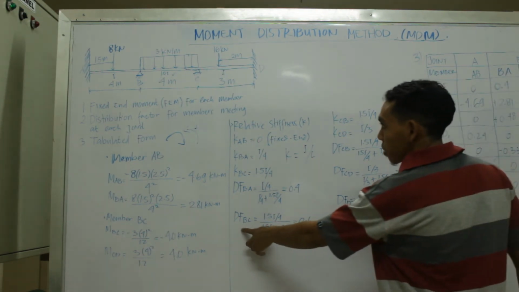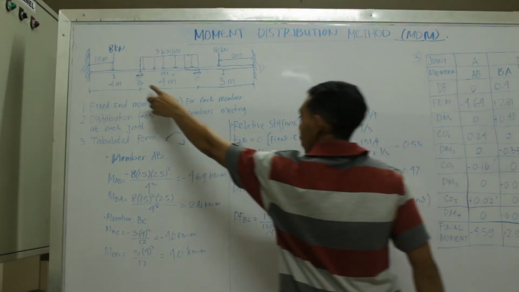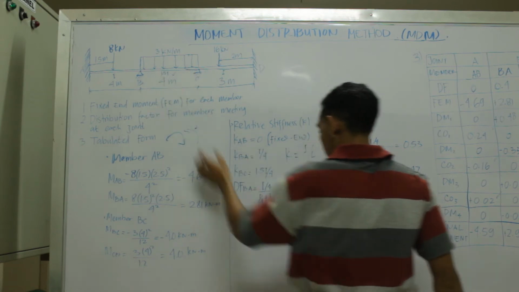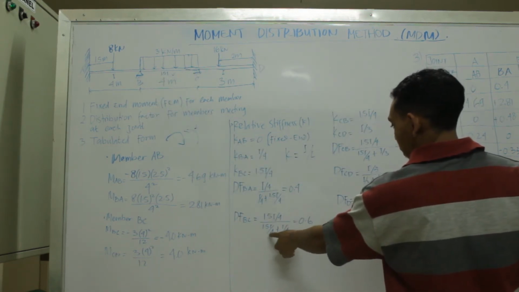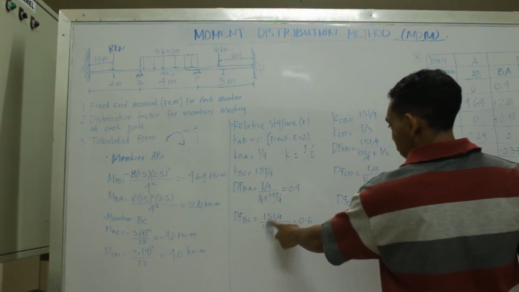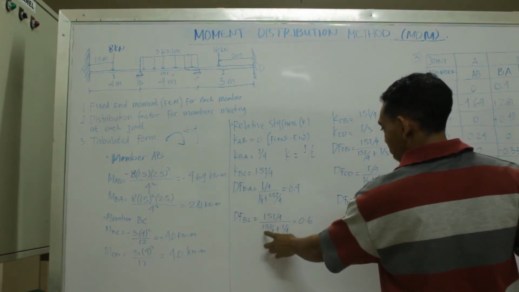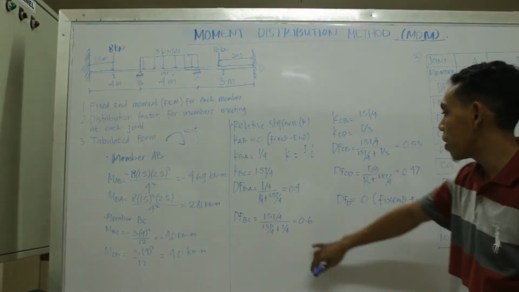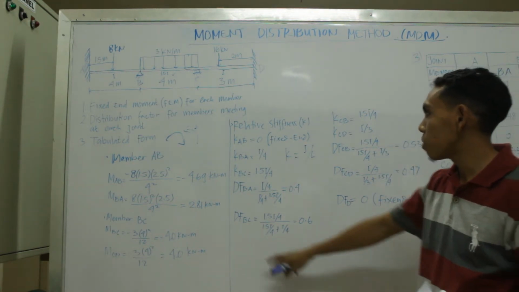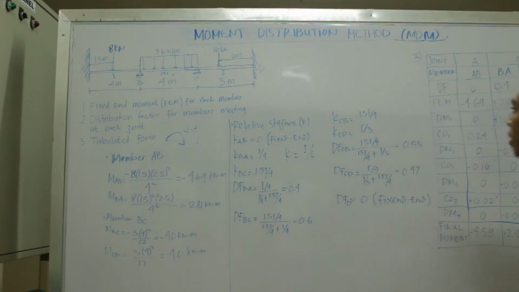The next one is the distribution factor for member BC: 1.5 I over 4 divided by 1.5 I over 4 plus I over 4. So we have 0.64 as the distribution factor for member BC.